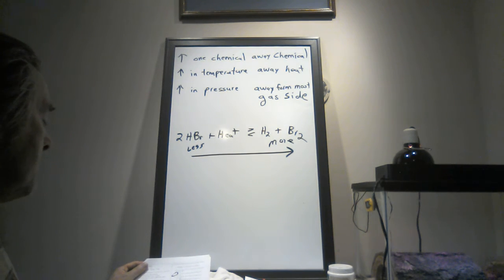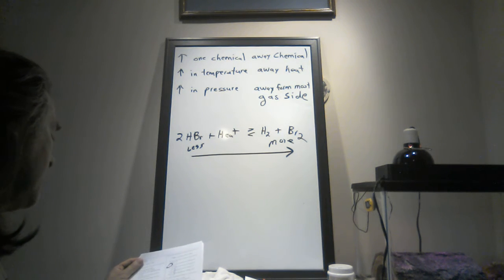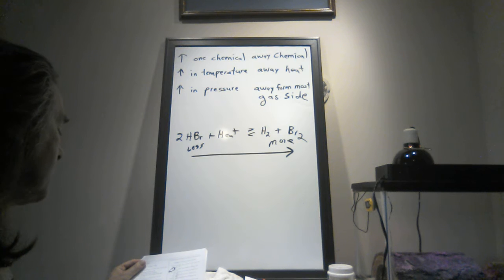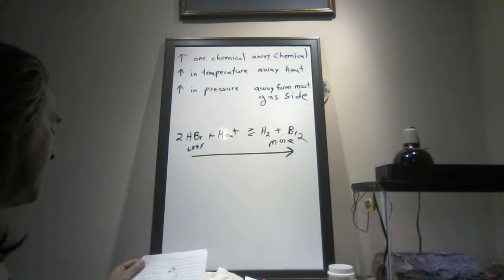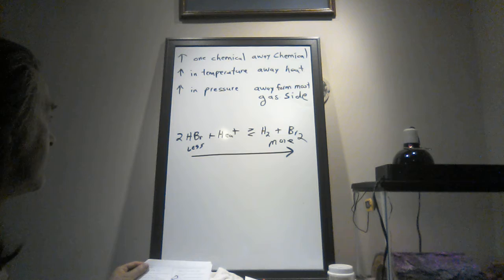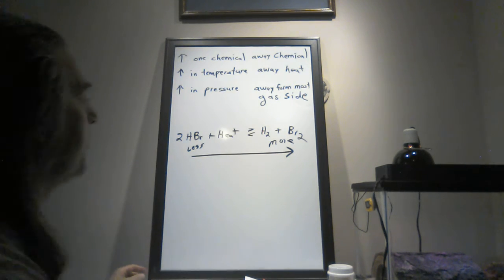Number 57 is pretty much the same thing. Heat's on the left. We're going to ask about the HI again. I guess the HI is going to increase this time. I'll rewrite the equation, and I'll keep it with our rules.